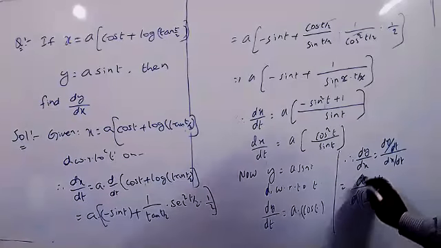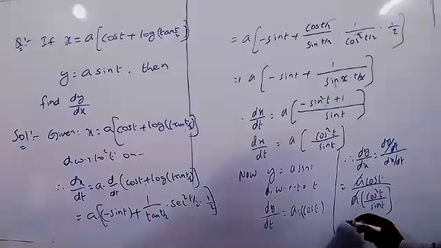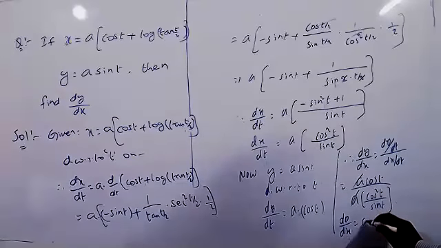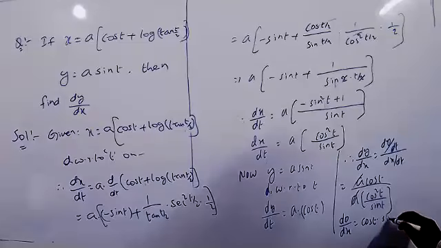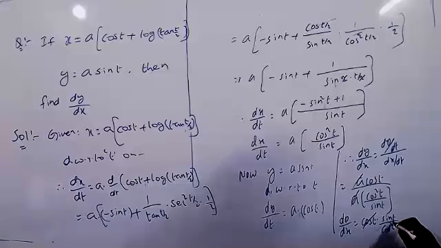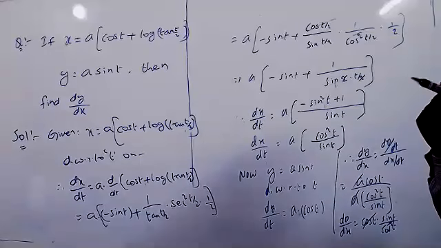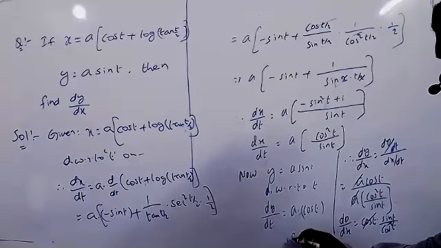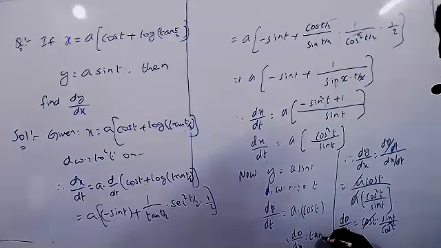A will be cancelled. This contains a reciprocal now. So dy by dx equal to cos t into sin t by cos square t. Cos t and the square will be cancelled. So sin by cos is there, and sin by cos equal to tan. So therefore dy by dx equal to tan t. The answer.